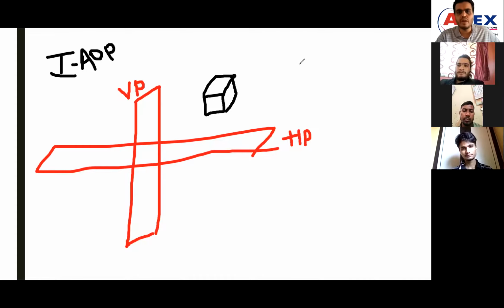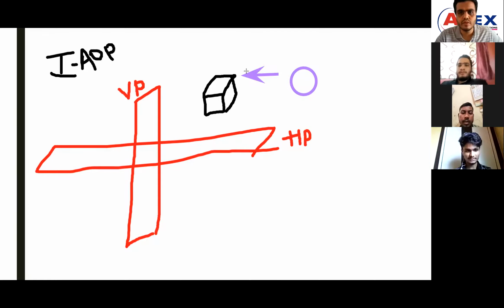The observer will remain here. So he is the observer, observing the object in this direction. Okay.